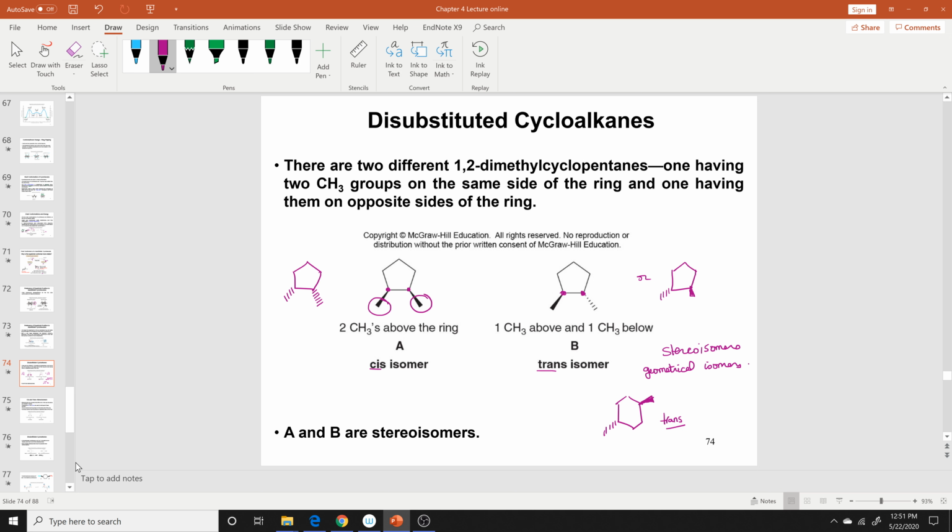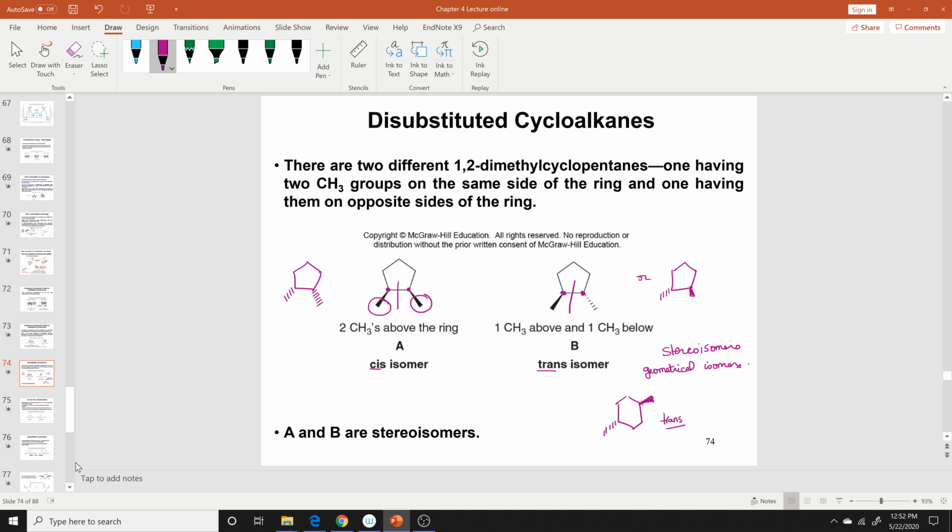So if you build a molecular model and rotate it, no matter what direction you rotate that molecular model by, you can never go from cis to trans. The only way to go from cis to trans is to break this sigma bond. You need to break the cycle. This is why I'm calling them geometrical isomers. They are not conformers. You cannot rotate to go from cis to trans.